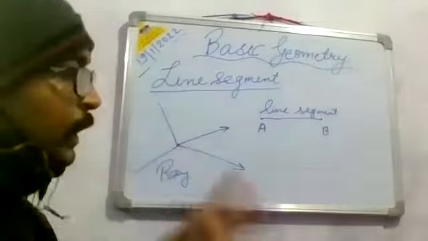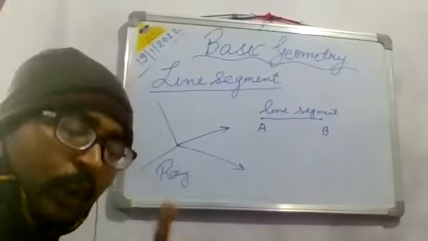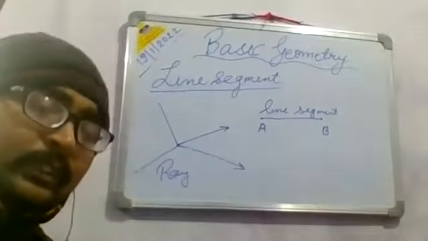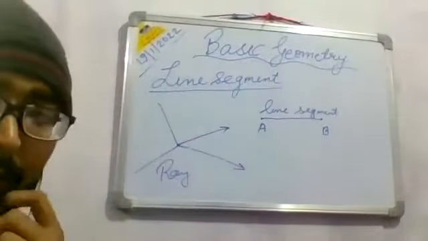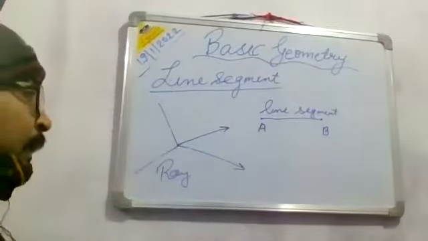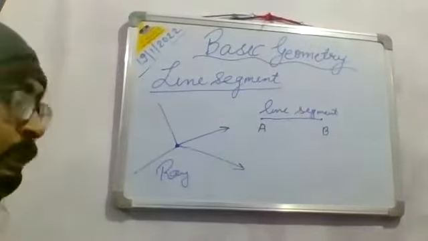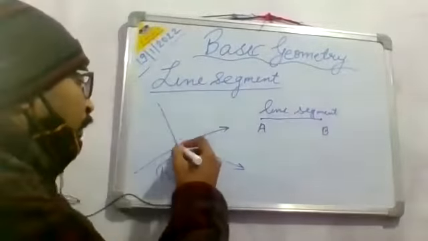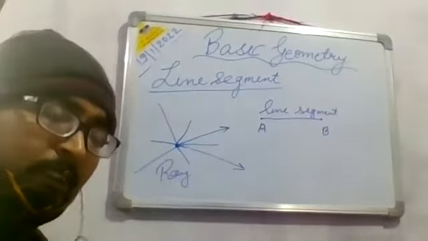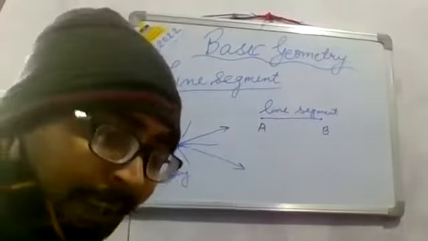When there are two points, only one line can be drawn to join them, which we call a line segment. If we have a single point, then from it we can draw an infinite number of lines, and each will indicate a definite direction.